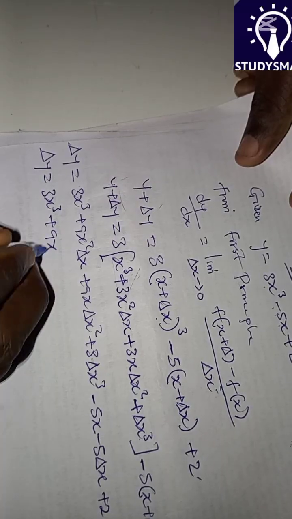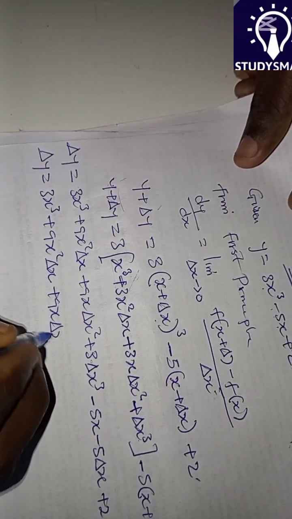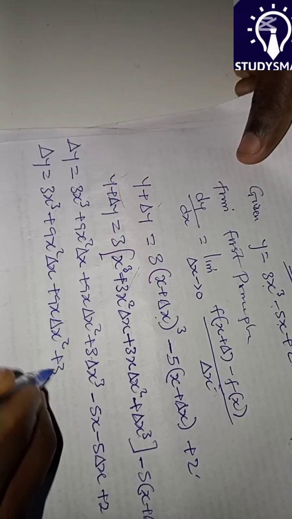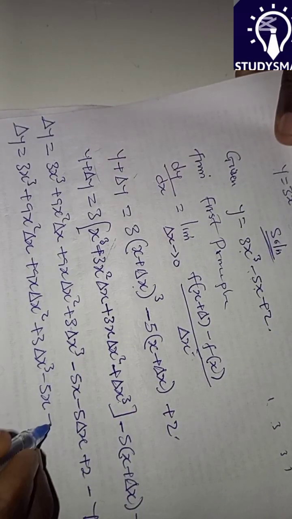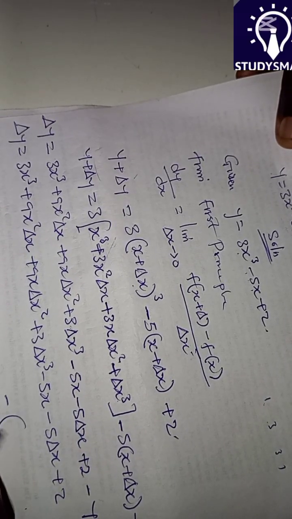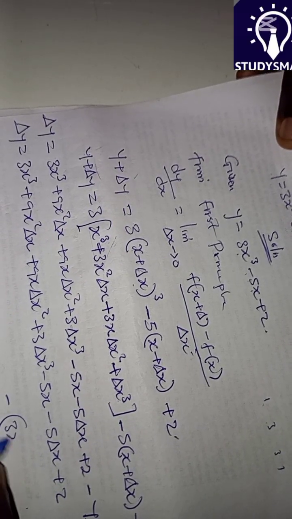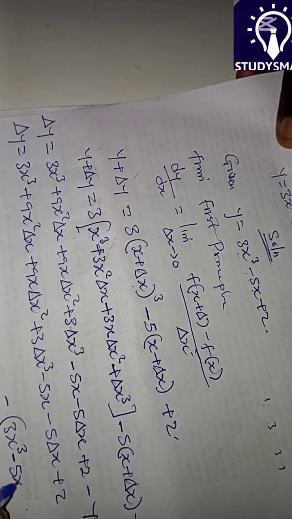plus 9x squared delta x plus 9x delta x squared plus 3 delta x cubed, minus 5x here, minus 5 delta x plus 2, then minus y. Y is 3x cubed minus 5x plus 2. That's my y here.